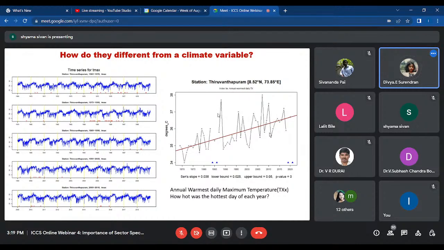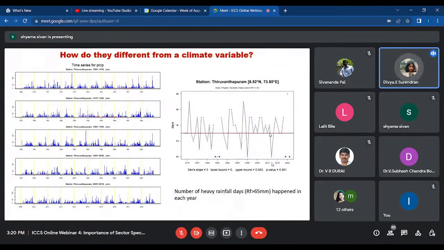It is showing the warmest daily maximum of every year is increasing, and this change is significant. In this way, we can infer more information from a climate variable.